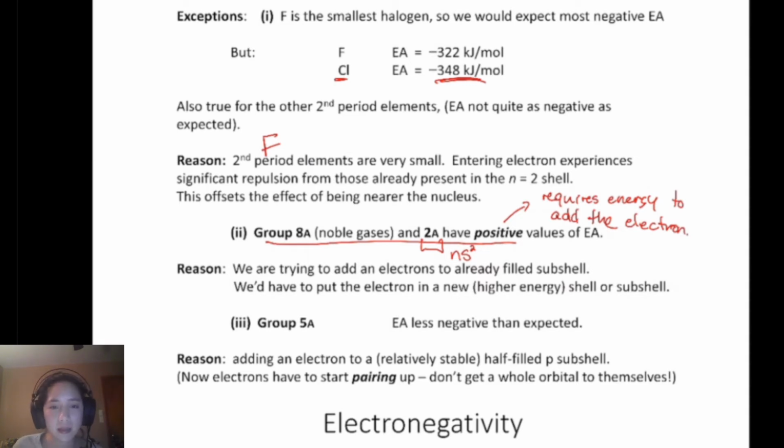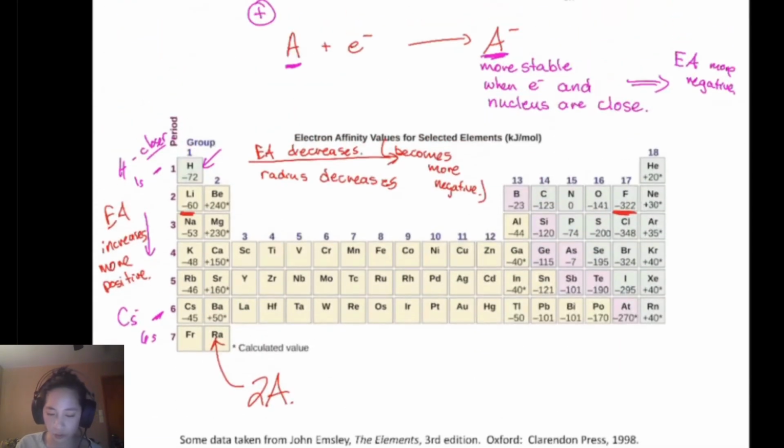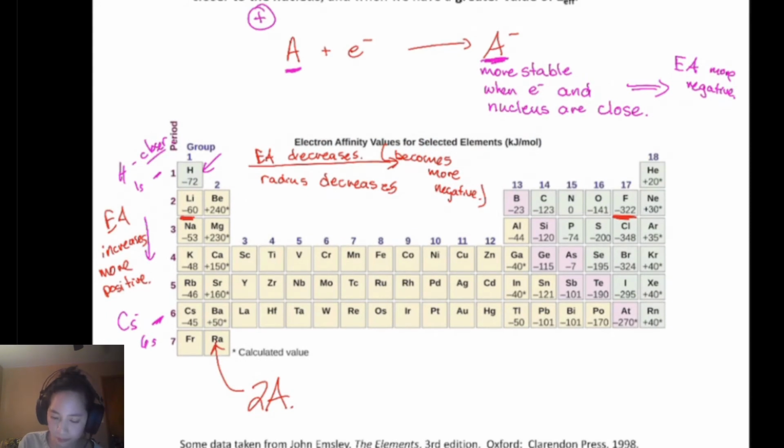And then finally, the last exception is group 5. So these electron affinities are less negative than expected, and this is a similar reason to our ionization energies as before. So if we look at the 5A group, that's the nitrogen group, 1, 2, 3, 4, 5.